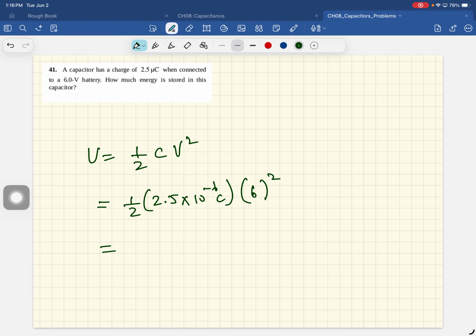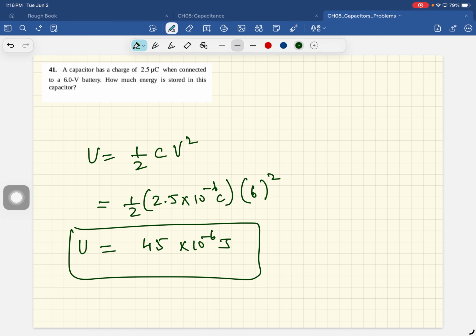So in this series combination, when you connected a 9-volt battery, you stored that much energy.